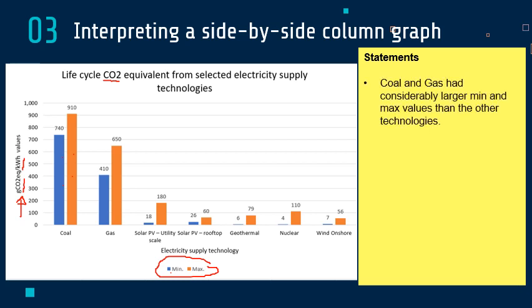Well, firstly, coal and gas had considerably larger minimum and maximum values than the other technologies. So here I can see the minimum value for gas is 410, and its max value is 650. Same here for coal, it's 740 and 910 respectively.